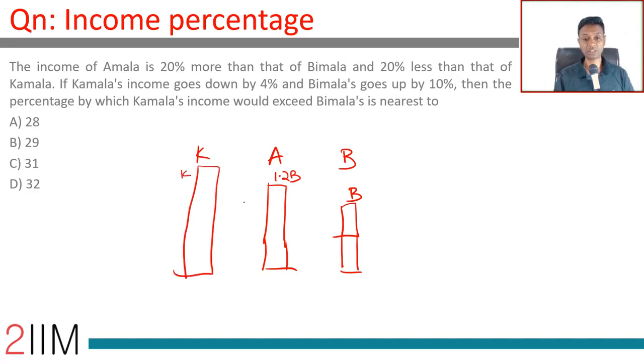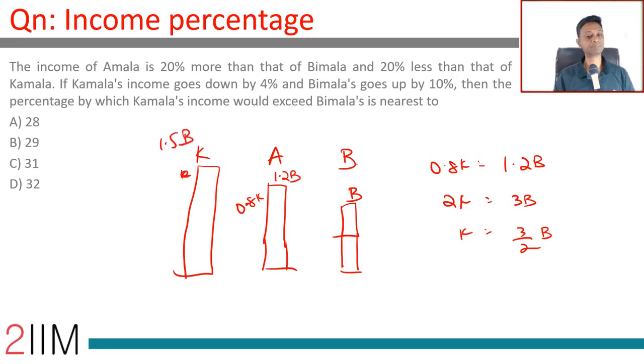Kamala is K. This is 0.8 K. 0.8 K equals 1.2 B, or 2K is 3B. K is 3 by 2 B, 1.5 B. So B, 1.2 B, 1.5 B.